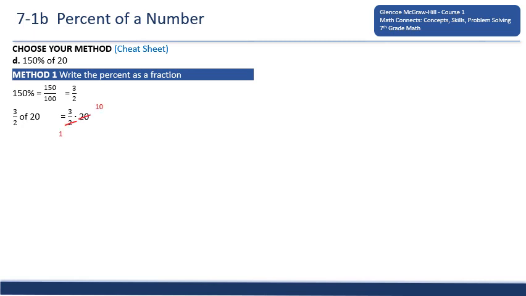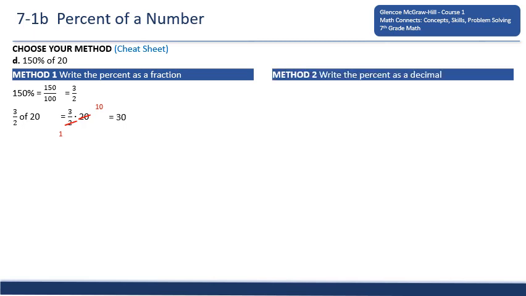I'm only showing you how I'm simplifying that so that you remember that 20 or any whole number can be over itself. That's kind of just a visual reminder I'm trying to show you guys. That's why on the 150 over 100, I'm not putting in the slashes with the factors, but just letting you know that. So then we multiply it out, we get 30 over 1, which equals 30.